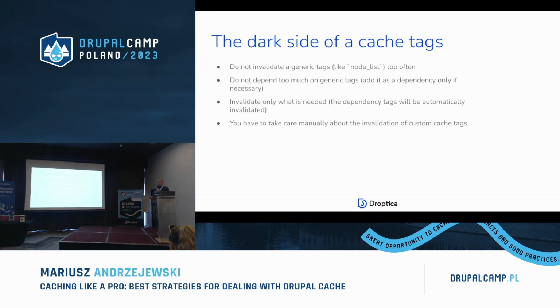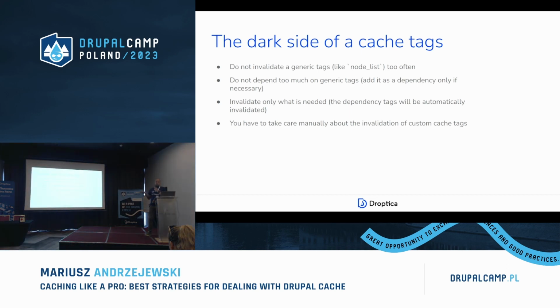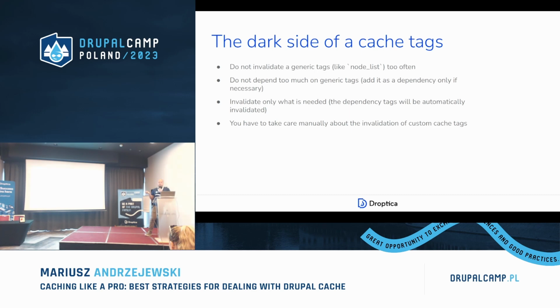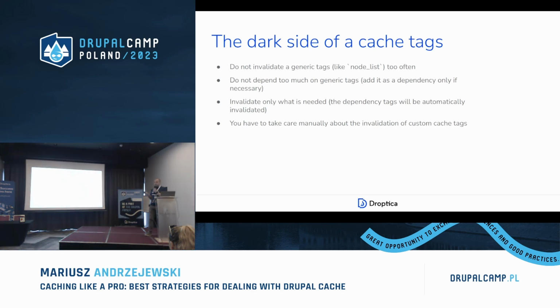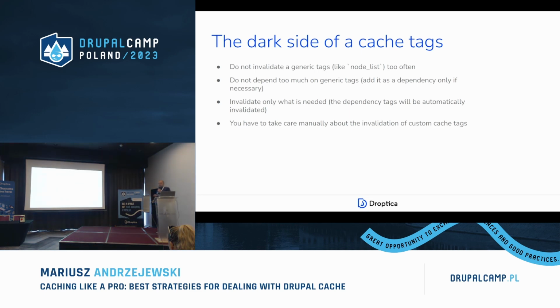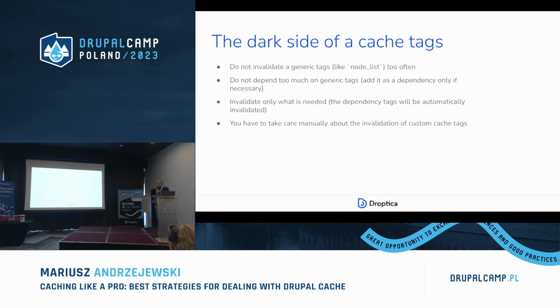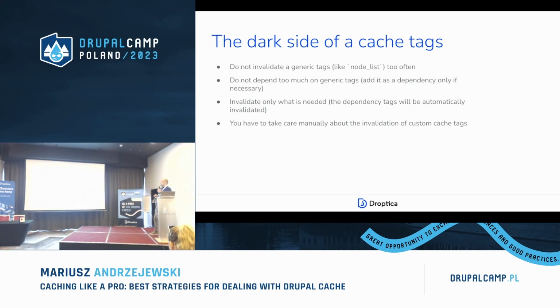So every time we add something very generic to the code, it can cause some troubles, and because of that reason, Drupal decided some time ago to extend that kind of list tags with an addition of a specific bundle, because it simply invalidates data too often, and it was a really serious issue in terms of performance.